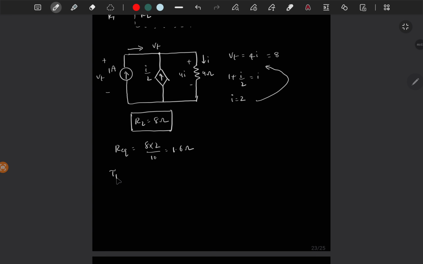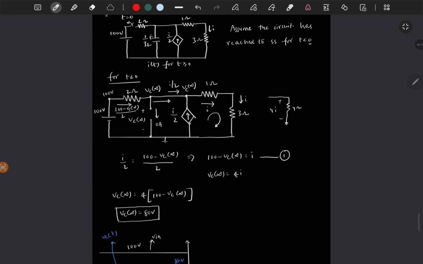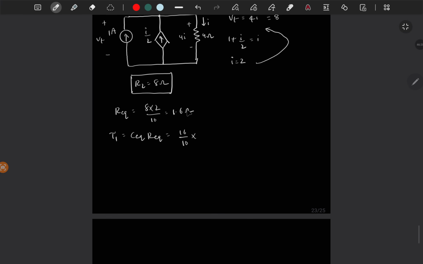So what is tau 1 is C equivalent times R equivalent. 16 by 10 is the R equivalent, and what is C? 1 by 32. So you will get 1 by 20 seconds.